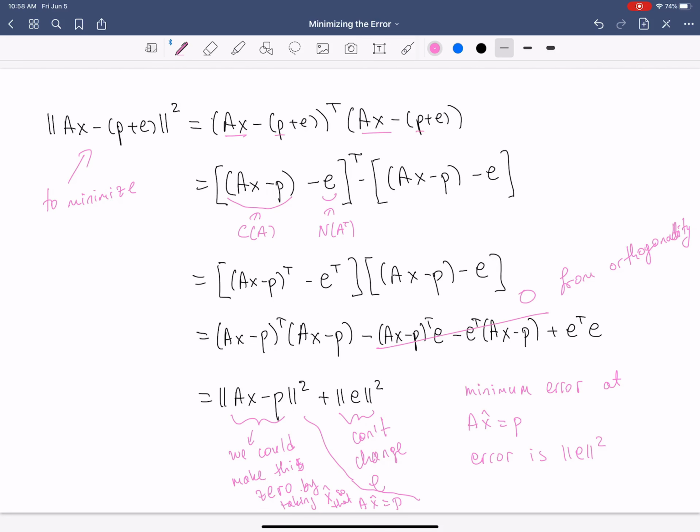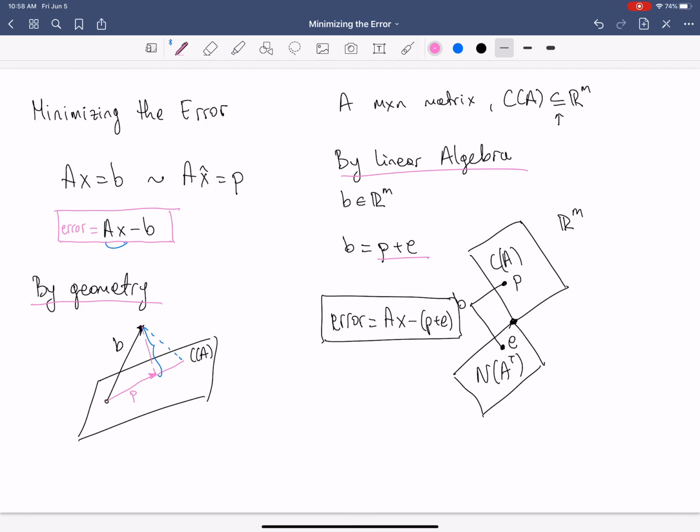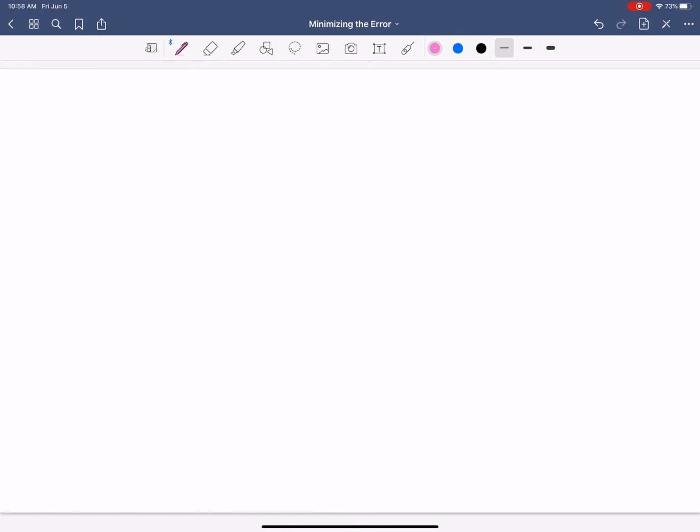One could tackle the error, finding a minimum for the error, by using calculus. So I'm not going to go into details because I cannot possibly expect all of you to have taken calculus. But essentially, in calculus, you could look at this and ask for the minimum. So how to find the minimum?